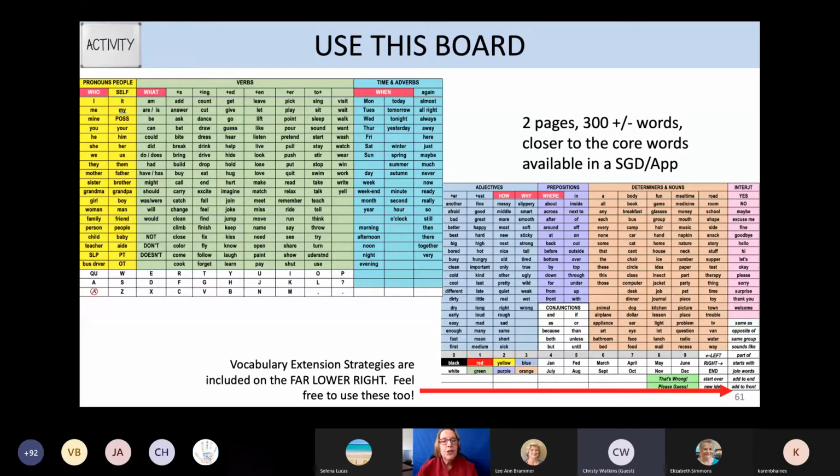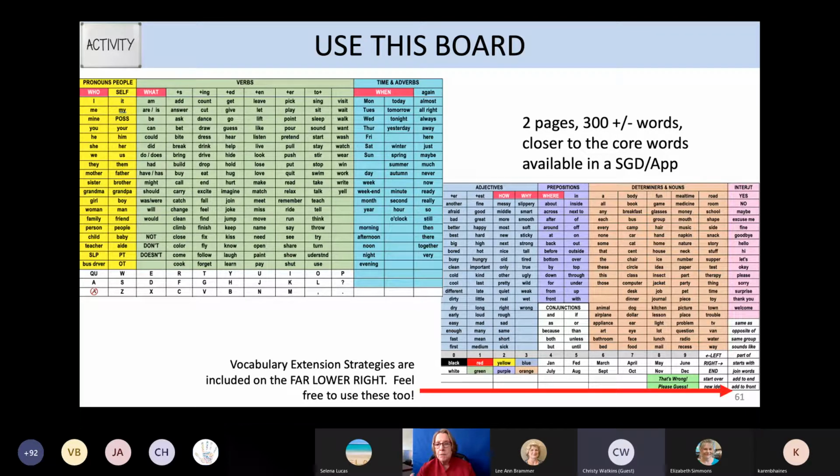So I want you to pull out your boards or look at this slide on your handout, if you've got really good vision and you can see the words. I've put together this board, and obviously I haven't used any symbols because I don't want us to be limited to thinking this only works with symbols.